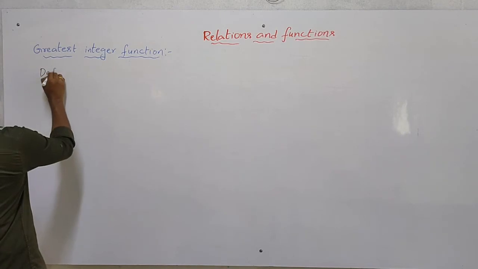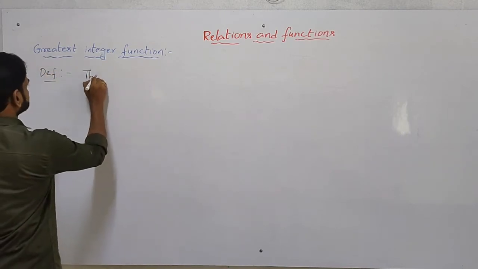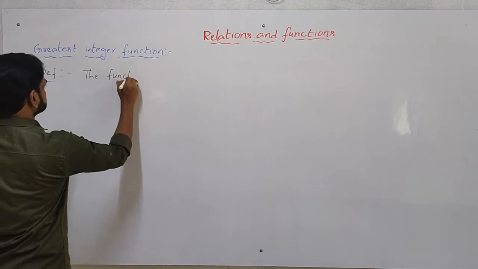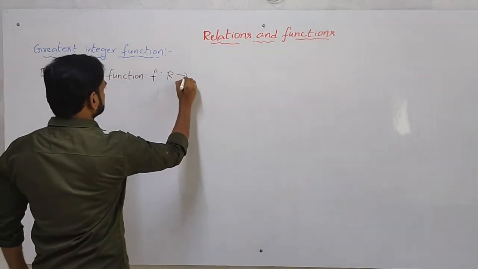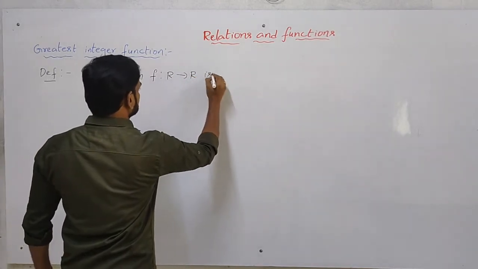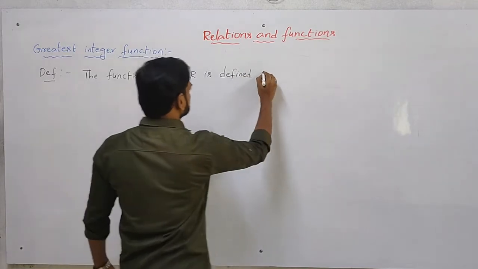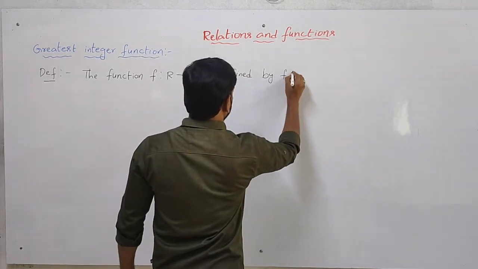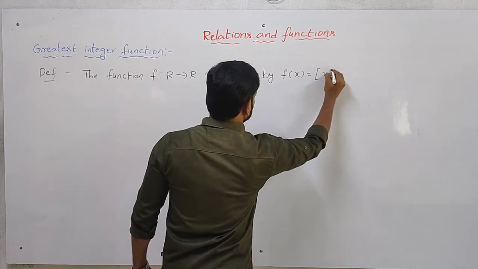Definition: the function f from R to R is defined by f of x equal to step x.